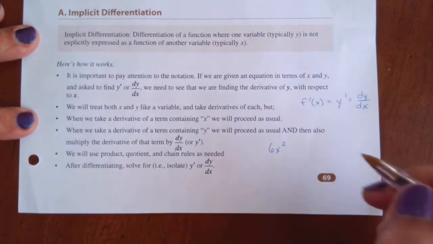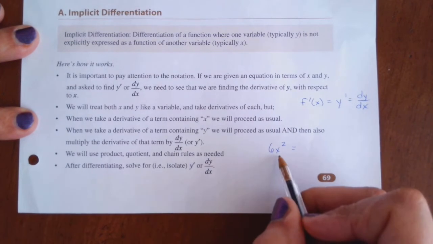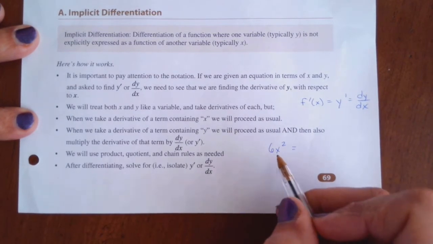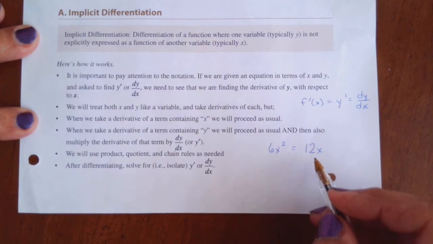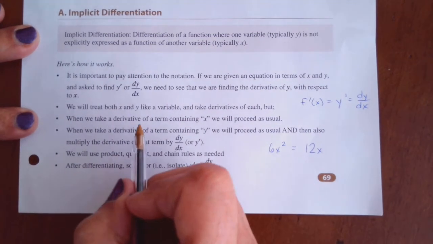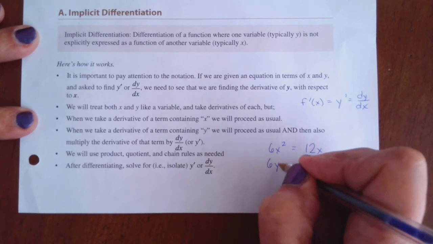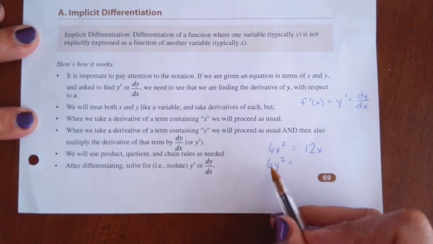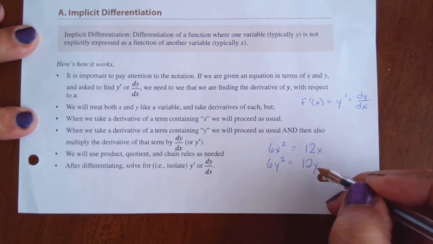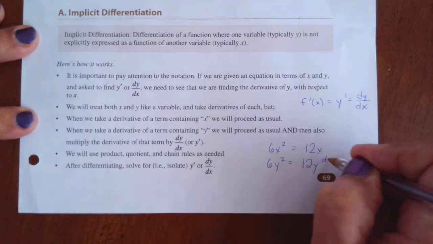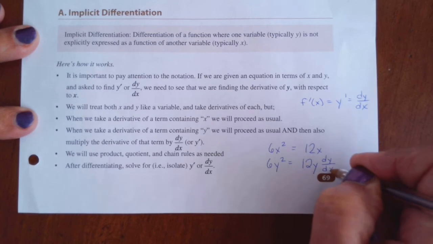So I know he explained this, but again, if you were to look at the derivative of 6x squared, that is a term that has x in it, we would take the derivative, which would be 12x, and we'd be done. However, if this was 6y squared, we would still take the derivative the way it is, 12y, but because it's not x, we have to take the derivative of y with respect to x.